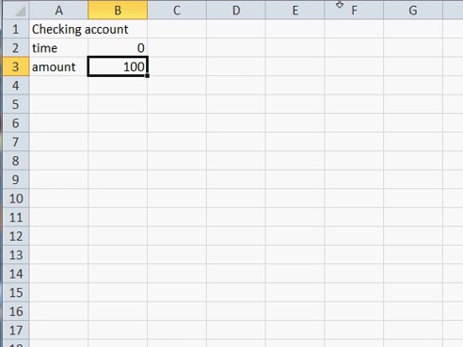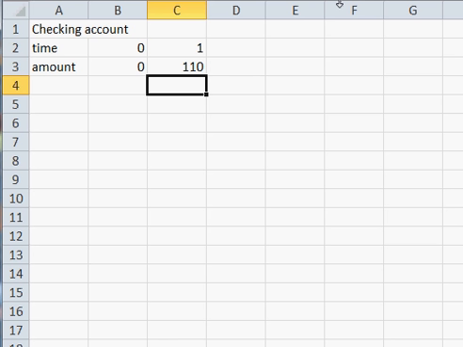Where things get interesting now is, let's change this scenario so that it's not $100. There's no money in the account now, but 1 year from now, a $110 deposit will be made into that checking account.